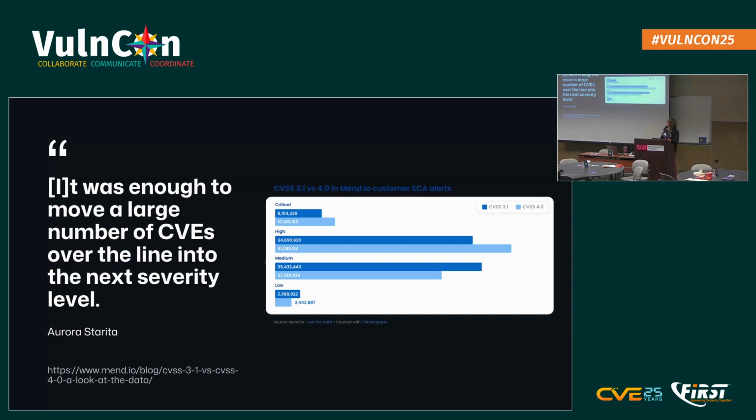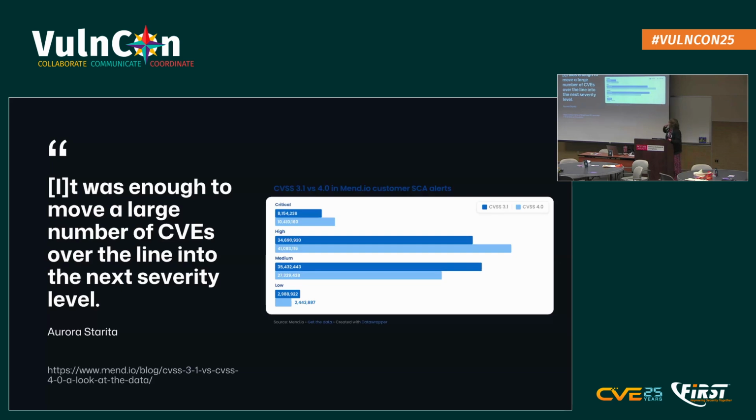In case you are not able to read this chart on the screen, there's a text box on the top that says "CVSS 3.1 versus 4.0 in Mend.io customer alerts." The darker blue box on the top is CVSS 3.1. The lighter blue box on the bottom is CVSS 4.0. It goes from critical on the top to low on the bottom.